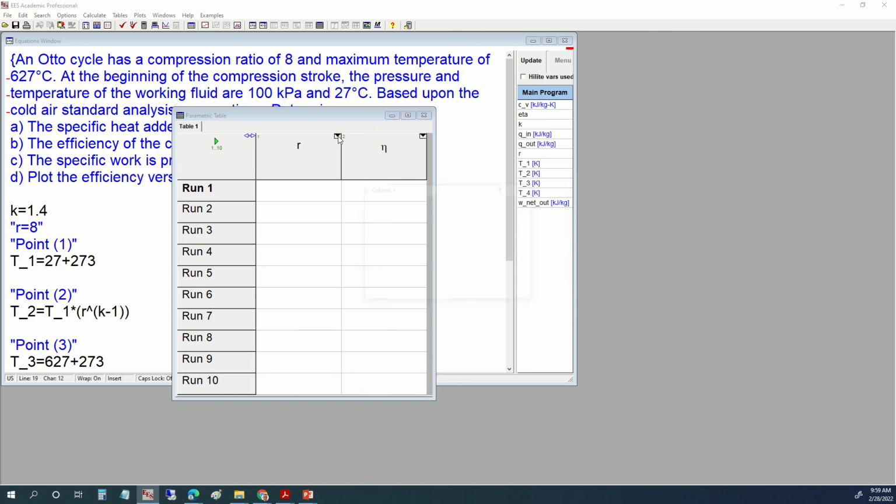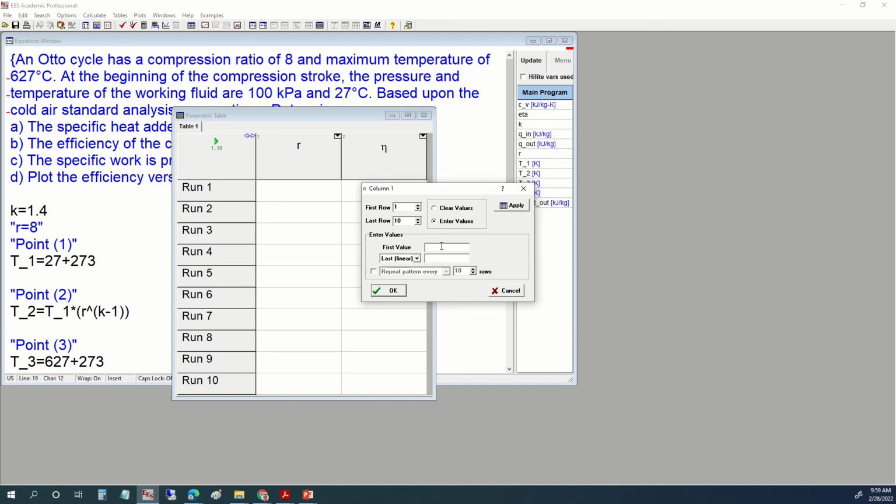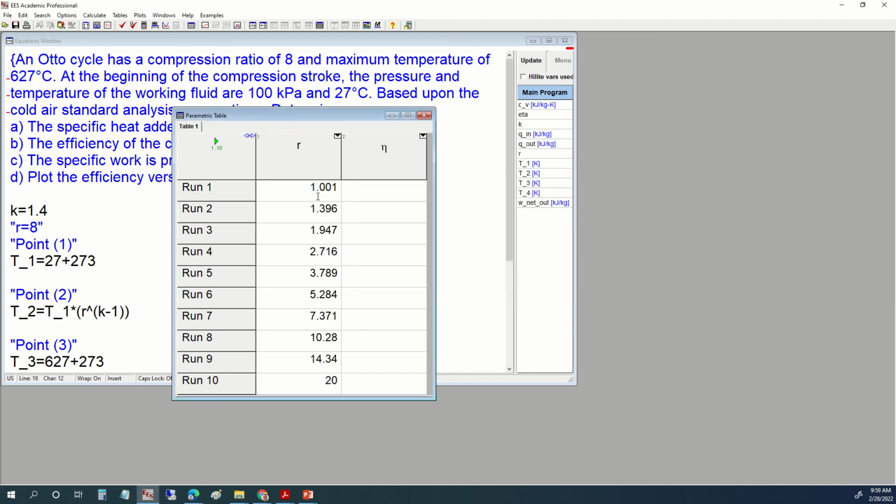Now we'll fill the value of R from, let's say, 1.001, because it can solve from 1 to 20 compression ratio, and I'm going to use, let's say, log spread, so it will give values from 1 to 20. If I want to calculate efficiency, I don't need to do it one by one. I just hit run here, and I'll get the value for the efficiency changing between 1 and 20.